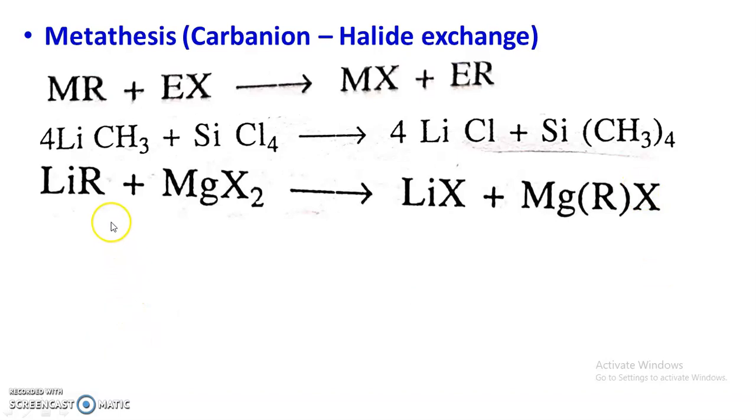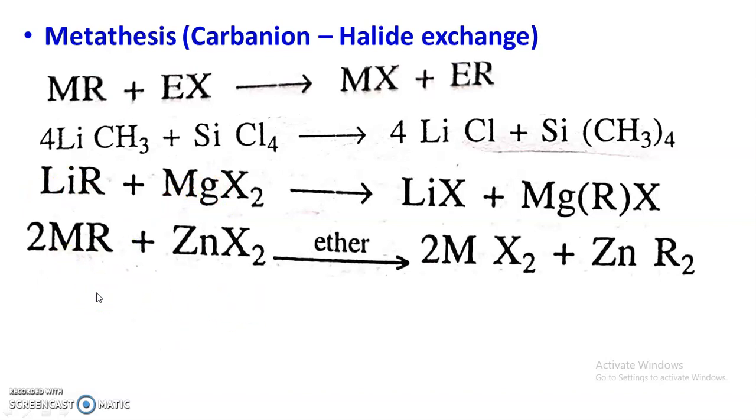So here lithium is less electronegative, magnesium is more electronegative, and therefore the R group migrates from lithium to magnesium. Basically, magnesium is not a group 13, 14, 15 element, but this reaction is exceptionally possible for group 2 elements as well, that is magnesium.